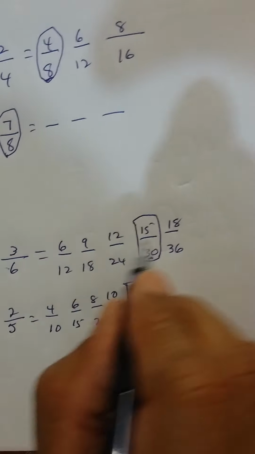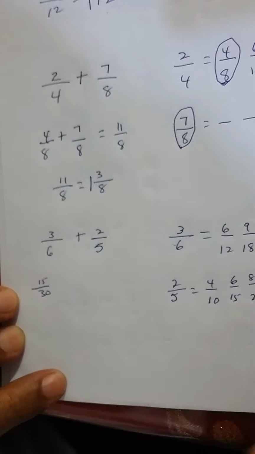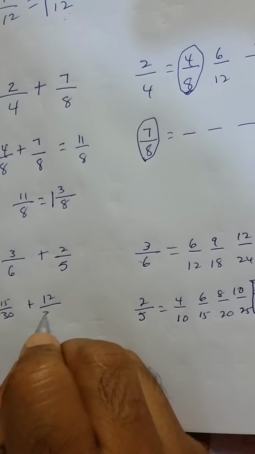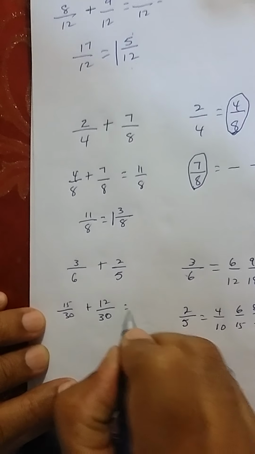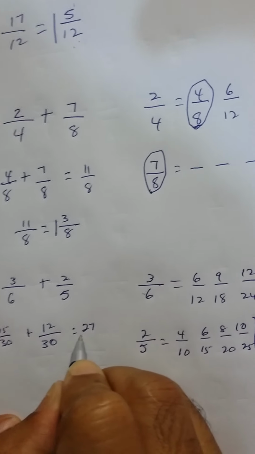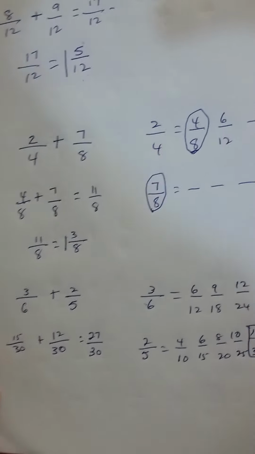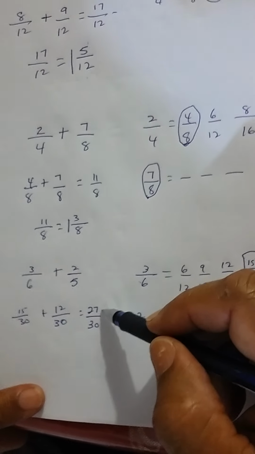So 3/6 is 15 out of 30. I'm going to add 12 out of 30. 15 add 12 is 27 out of 30. But like I told you, you need to check to see if you can reduce your answer.